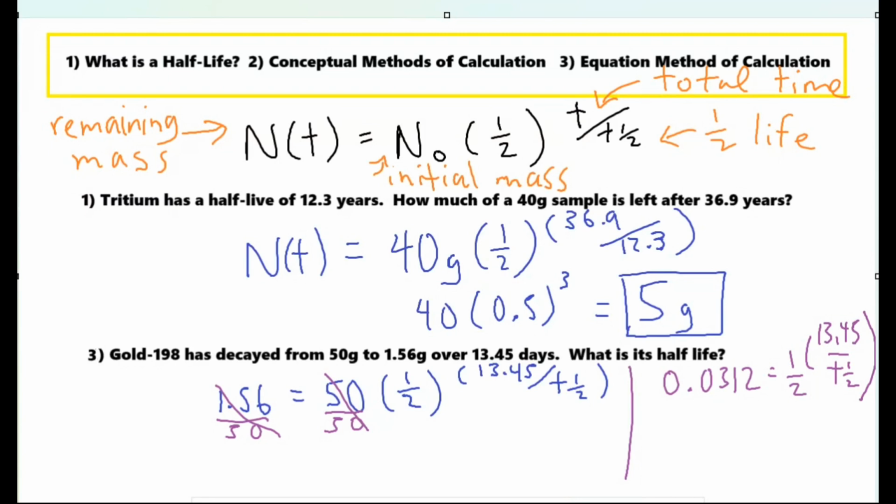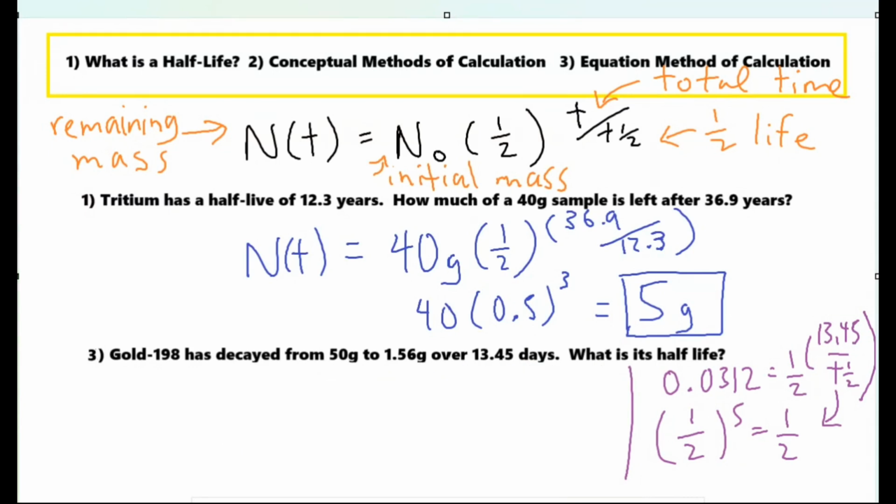All right. Now what you want to do is you want to transform 0.0312 to 1/2 to a certain power. So if you just keep on doing a bit of trial and error, you can find out that 0.0312 is 1/2 to the 5th power. And this side over here is 1/2 to this power. All right, so let's clear a little bit of space here. Now, both of these expressions over here are 1/2 to the blank power.